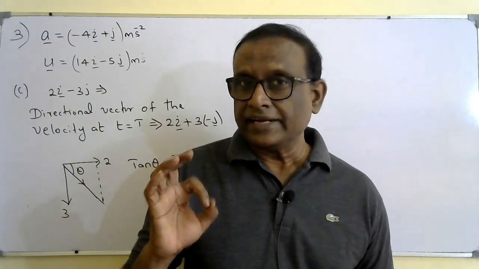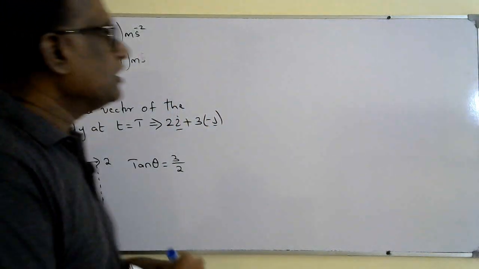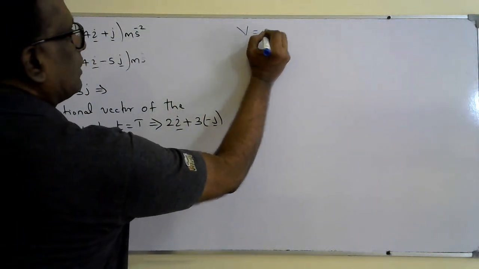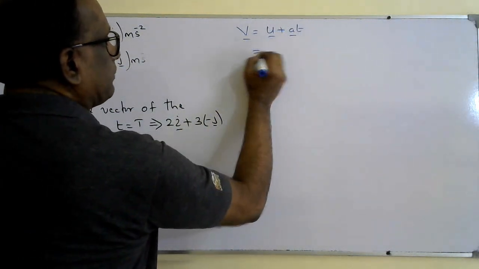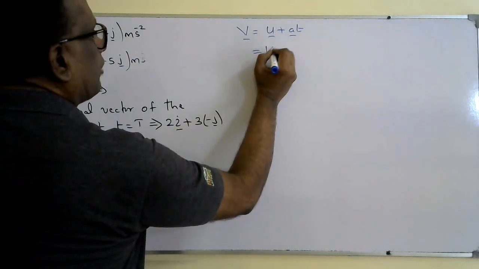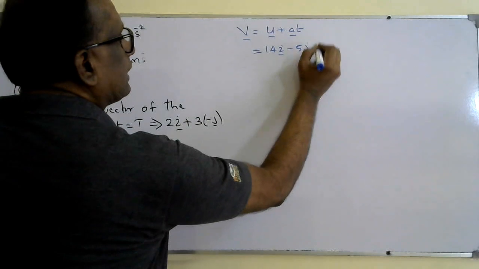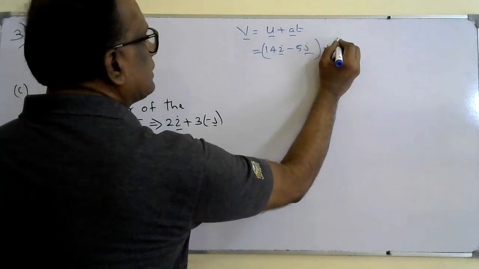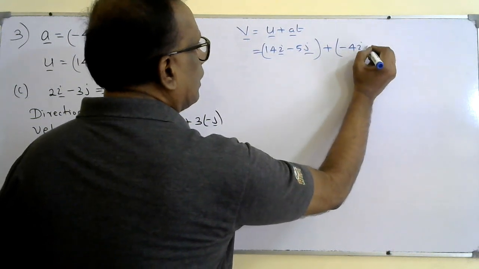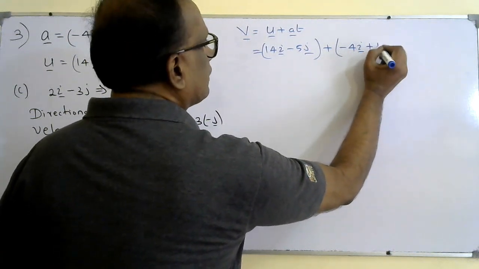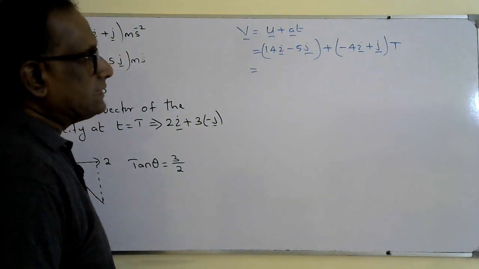Now, we can find the velocity vector at time capital T by using v equal u plus at. We are going to find the velocity vector at time T. So the initial velocity is 14i minus 5j, plus the acceleration is minus 4i plus j, times T. So combine i and j separately.